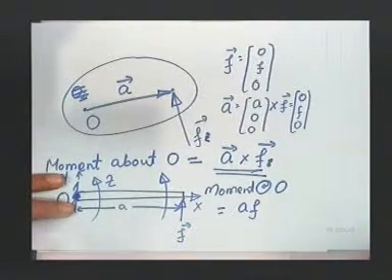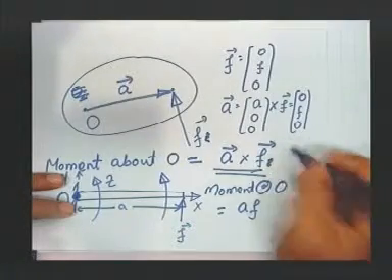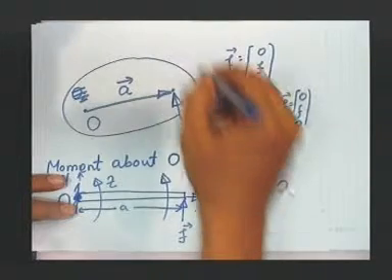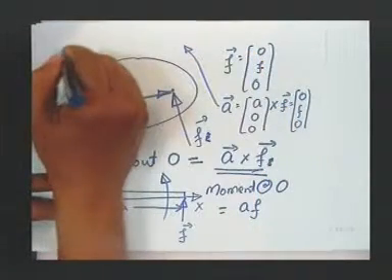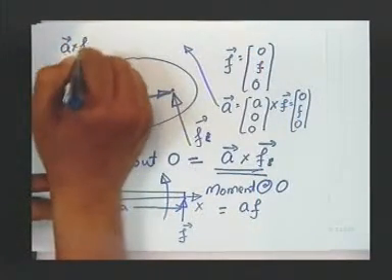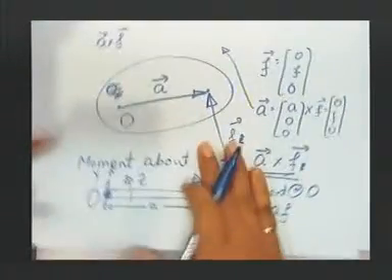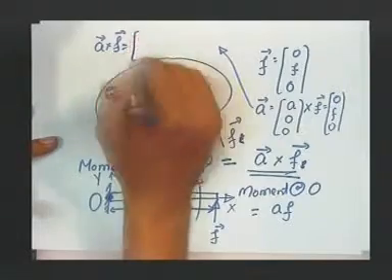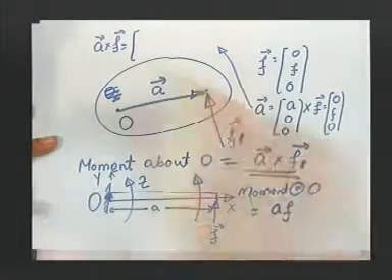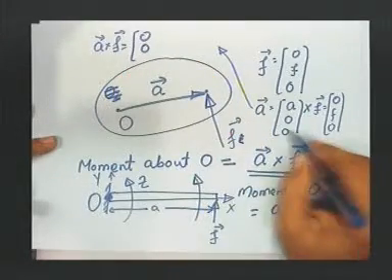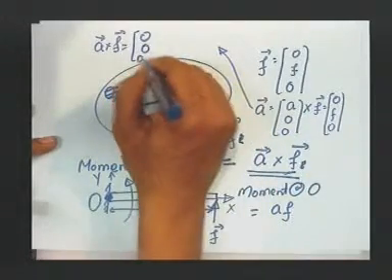If you apply the cross product rule, a cross f will be equal to 0 0, then 0 0, and the last one will be a f.